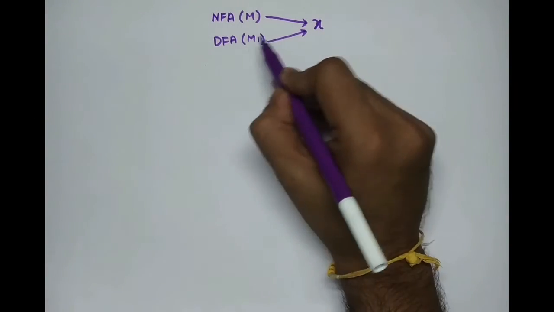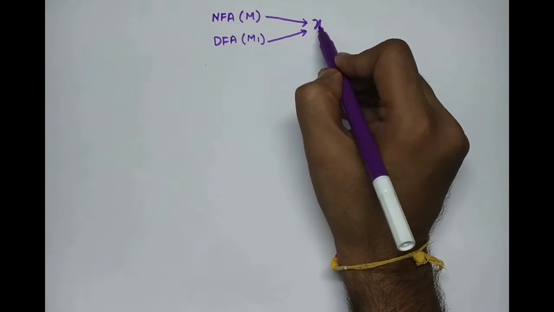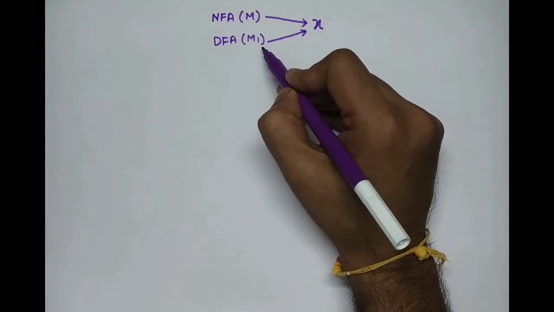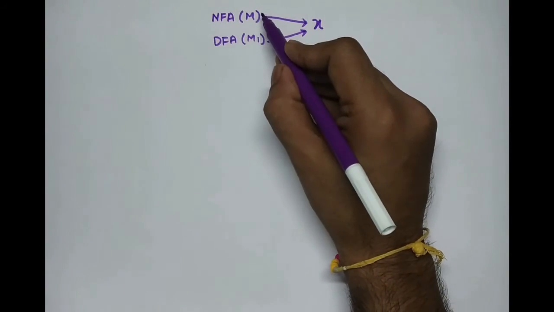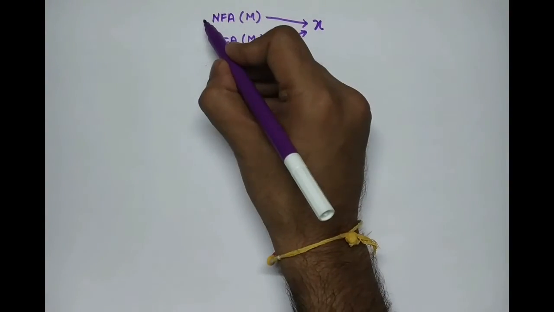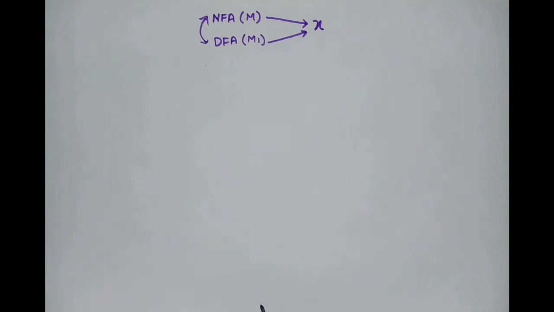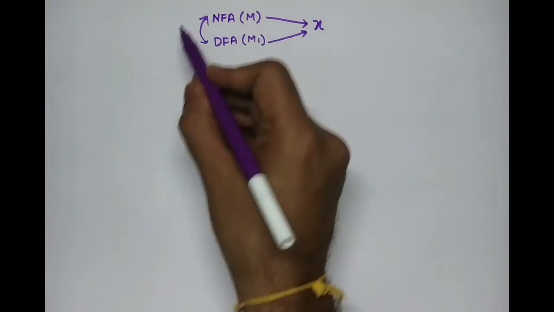So if DFA accepts all the strings that are accepted by NFA, and rejects all those strings which are rejected by NFA, then I can say that NFA and DFA are equivalent to each other. Now how to establish this fact?